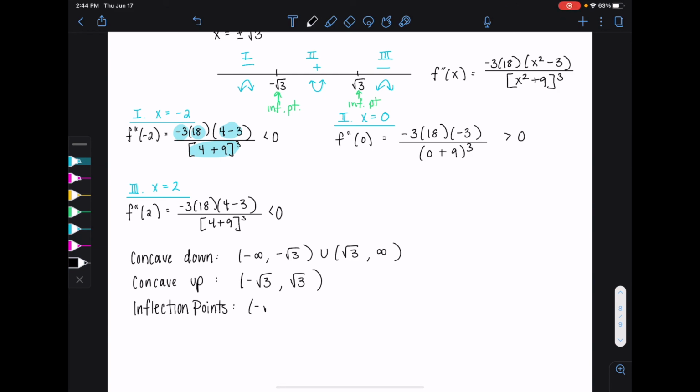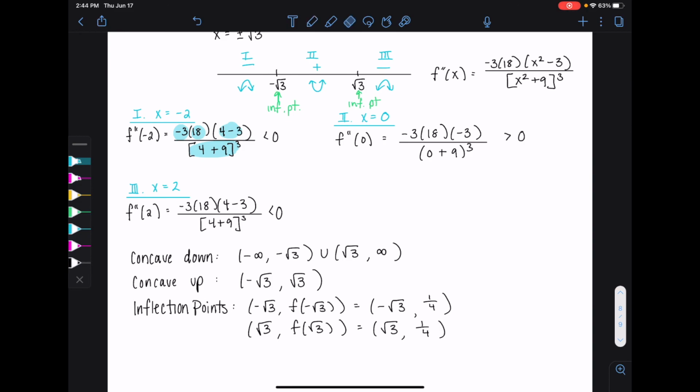The first one's at negative root 3, and then the y value corresponding to negative root 3. So if you plug that in, you're going to see your y value is positive 1/4. And then positive root 3, the y value corresponding to positive root 3 as well, is an inflection point, which because of the symmetry, this is also positive 1/4.